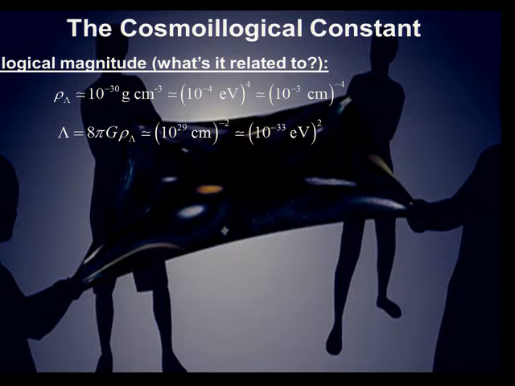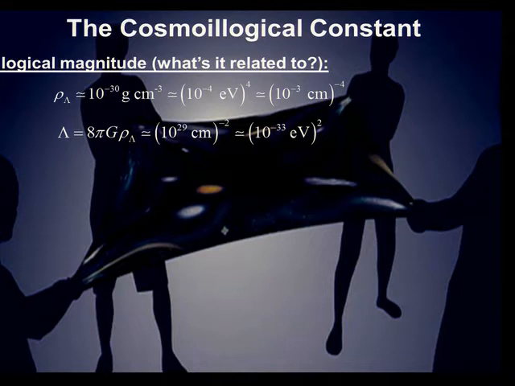If you express the energy density of the vacuum, 10 to the minus 30 grams per cubic centimeter, in terms of an energy, it's 10 to the minus 4 electron volts to the fourth power. 10 to the minus 4 electron volts does not sound like a fundamental energy scale.